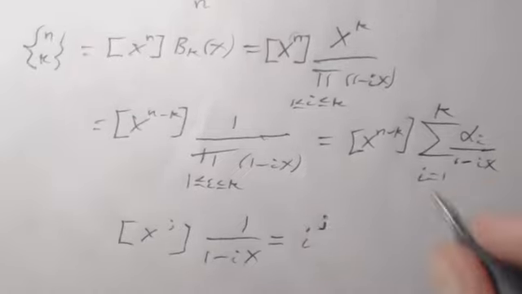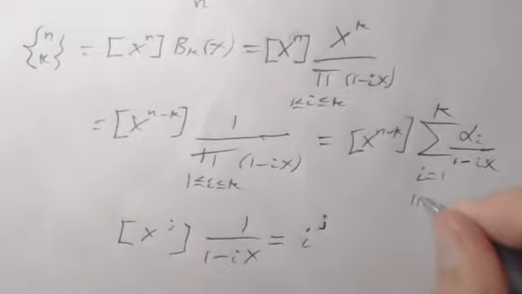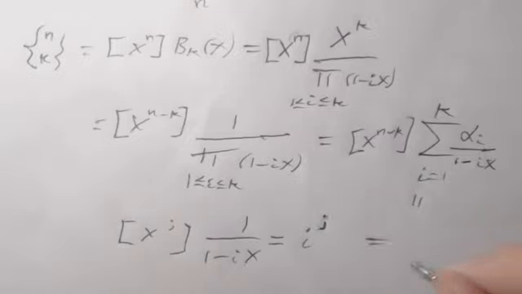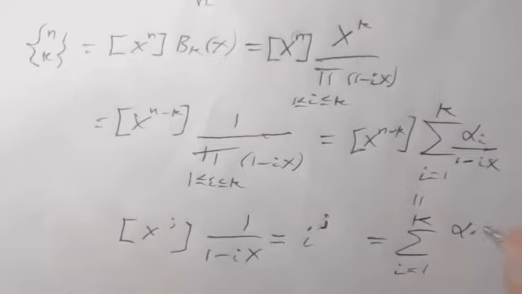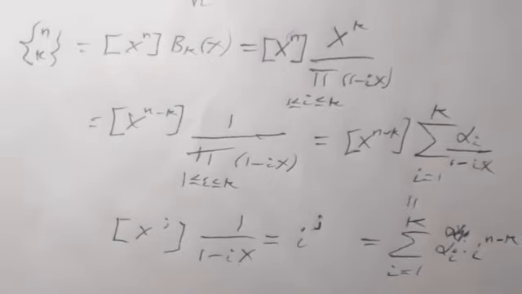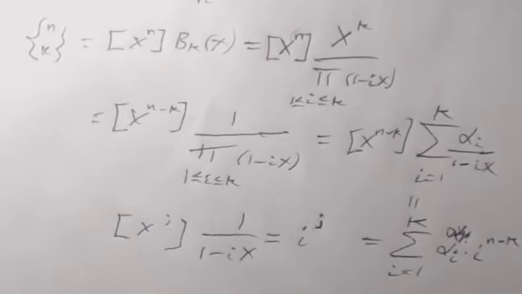So this is going to be equal to the sum from i equals 1 to k of alpha i times i to the n minus k. And we knew what the alpha i's were. We had a formula for those.